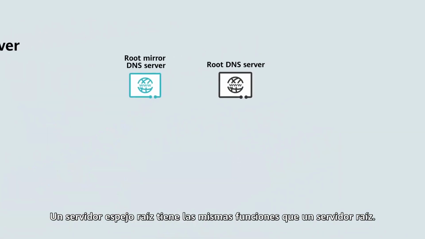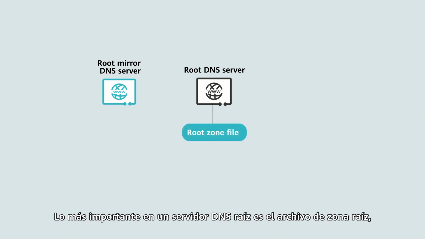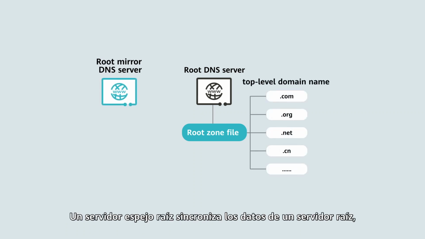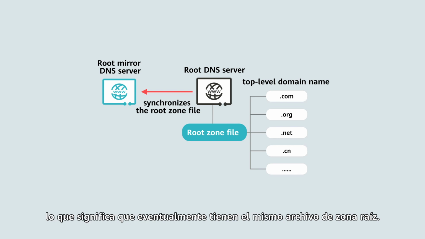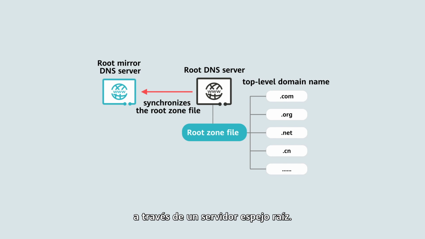A root mirror server has the same functions as a root server. The most important thing on a root DNS server is the root zone file, which records all top-level domain names. A root mirror server synchronizes data from a root server, meaning that they eventually have the same root zone file. Generally, requests to a root server can be completed through a root mirror server.